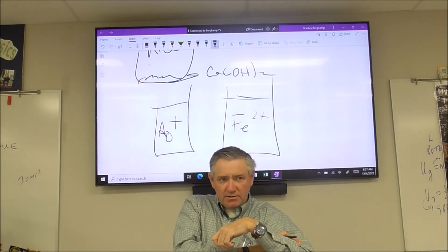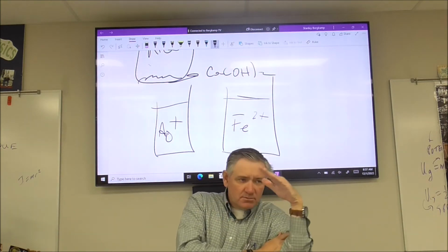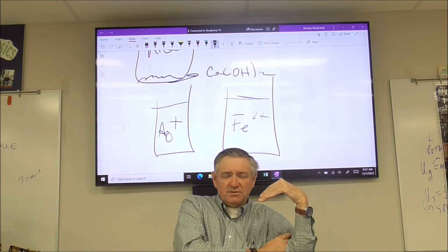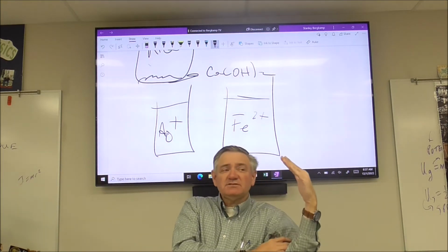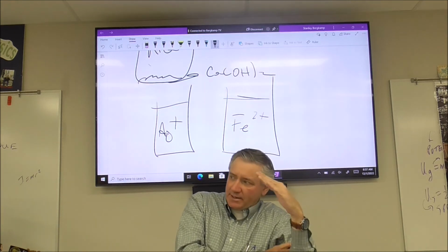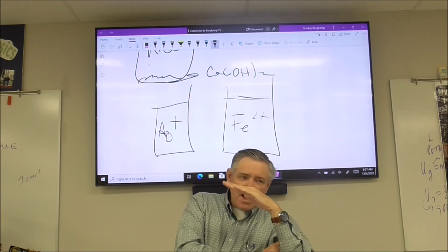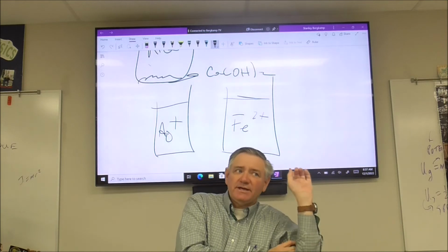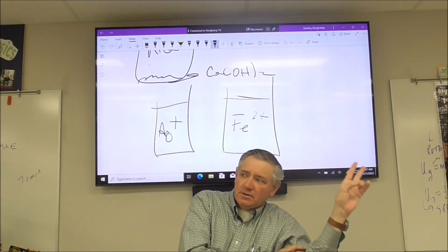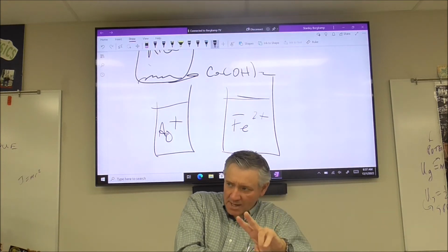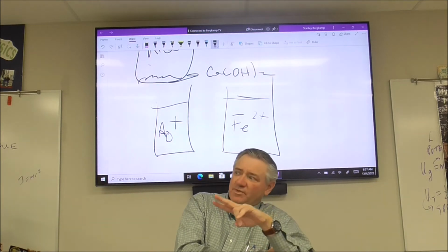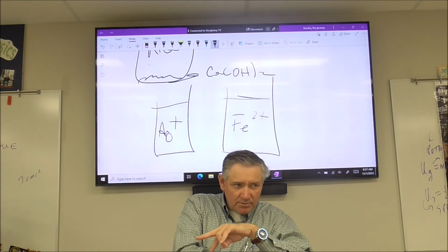If you look at your solubility rules for silver, there's one particular ion that is mostly soluble except for silver and lead. But with that same ion, the iron will be soluble.